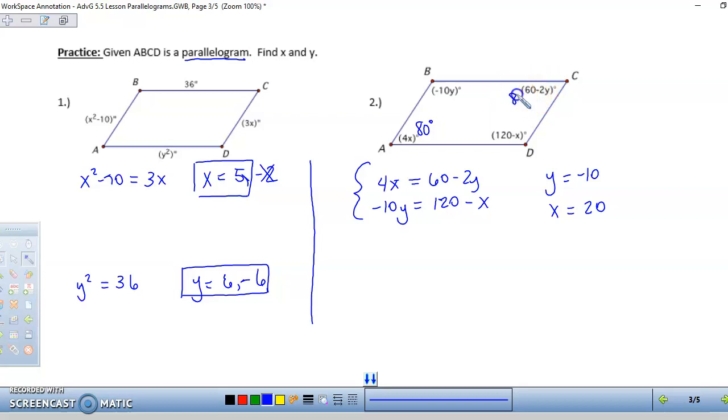It's minus a negative, so you're adding the 20, so that's 80 degrees. And then negative 10 times the negative 10 is 100, so that looks good, and that looks good. And then 120 minus that is 100. So this all seems to make sense. If you had trouble solving, you really should come to advisory so I can help you.